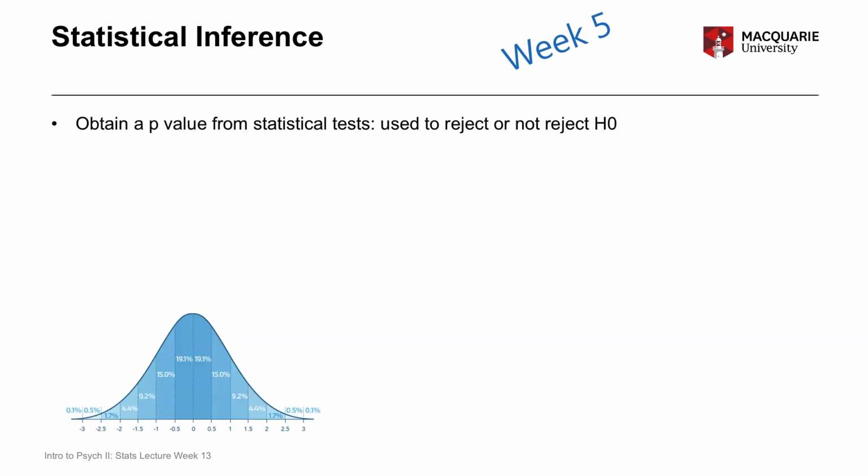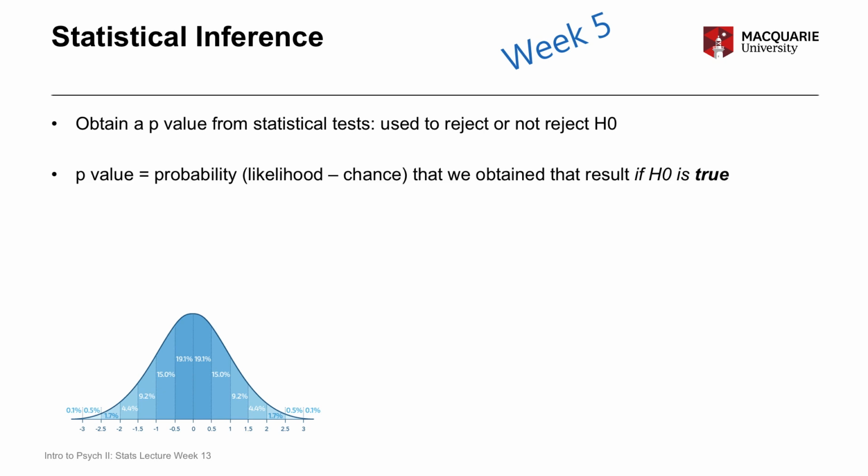And that directly feeds the actual numbers that we get from the statistical test that we run, specifically the p-values, which we use to either reject or not reject the null hypothesis. And the p-value specifically, that actual number, is giving you the probability or the chance that we have got this particular pattern of results, this particular test statistic, if the null hypothesis is true.